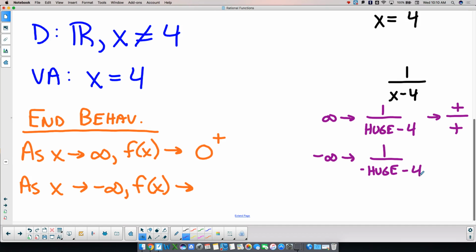Okay, it's getting bigger by 4, which isn't really that much when we're talking at infinity, but still. So that's going to be a positive over a negative. Positive divided by a negative is negative. So this is going to go to 0 from below.